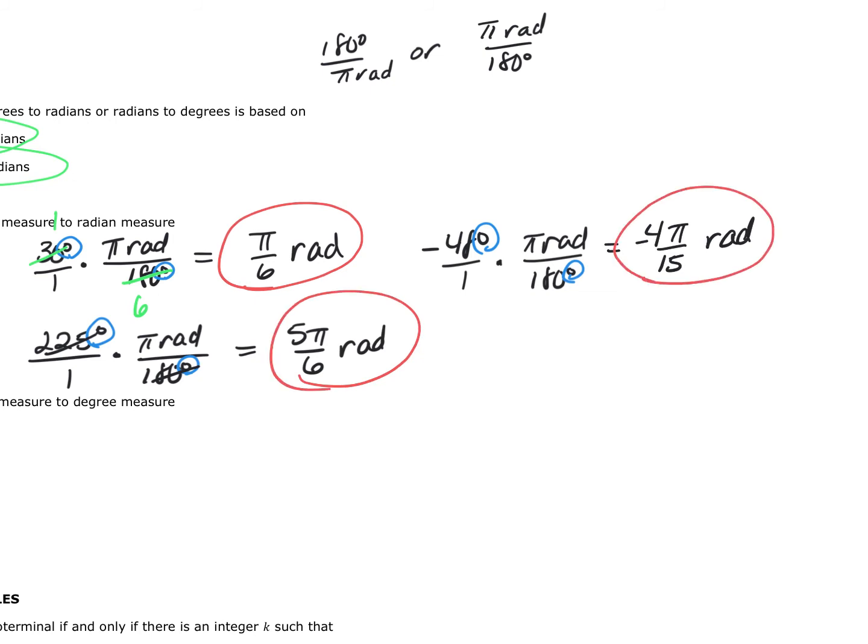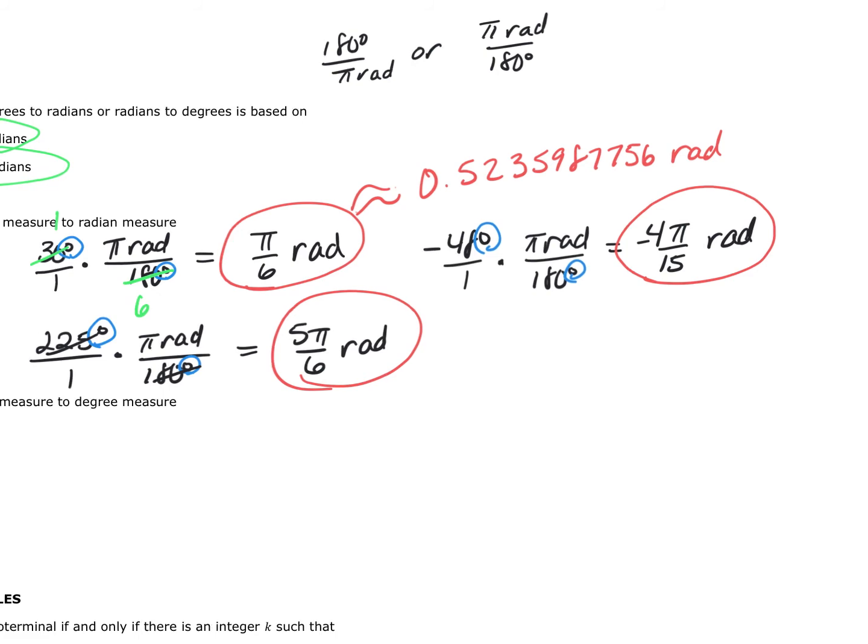Now, if I get my calculator out and I use my pi button and I divide by 6, I get a decimal approximation: 0.52359877756 radians. It is preferable to stay with the exact pi over 6 radians versus the decimal approximation. So as a heads up, almost everything on the homework and quizzes, and absolutely the test, is going to ask for exact. So you want to use the exact.